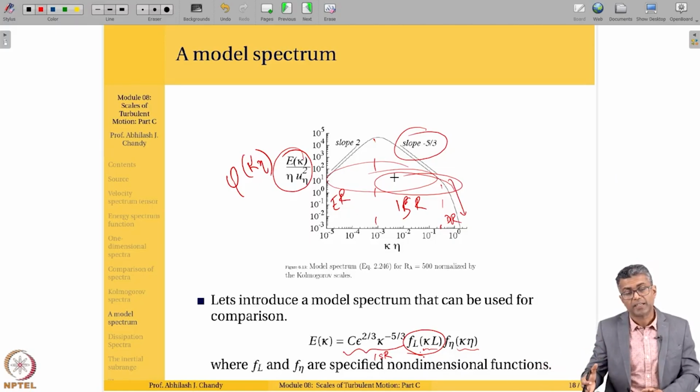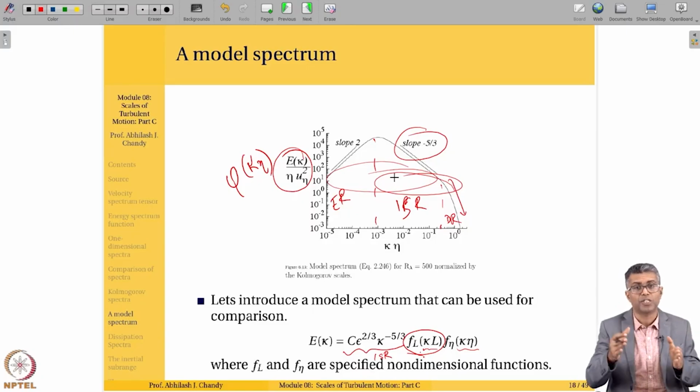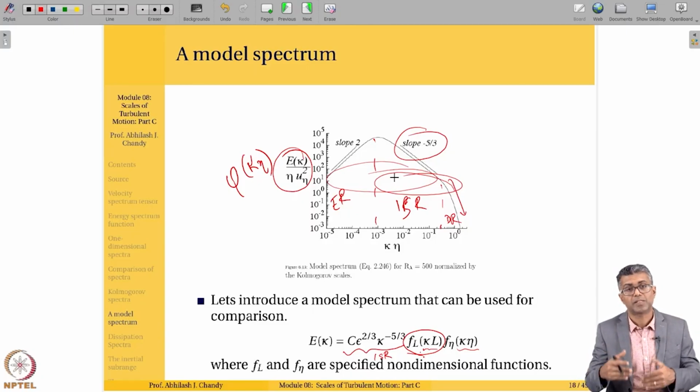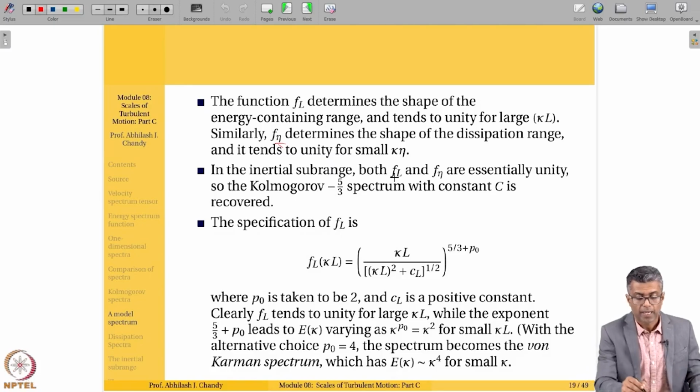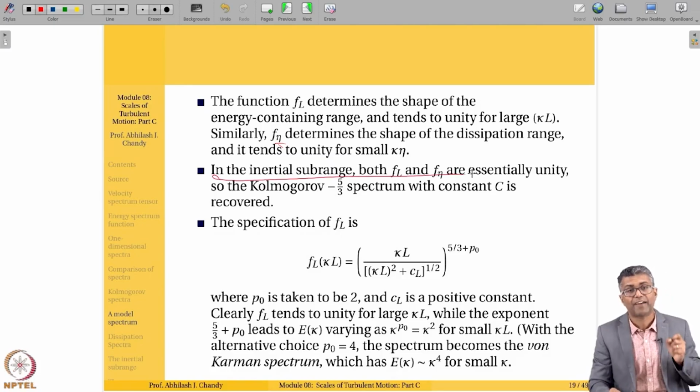The F eta is deactivated in the energy containing range and the inertial subrange. When I say deactivated, they will have values that are close to 1. So it tends to unity. So in the inertial subrange, both FL and F eta are essentially unity. By that token, the Kolmogorov minus 5/3 spectrum is recovered that way.